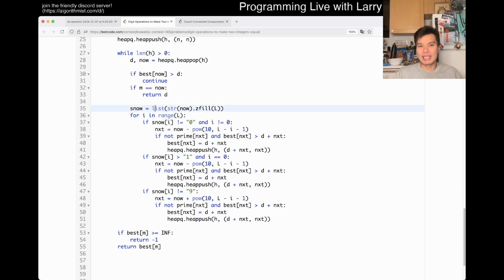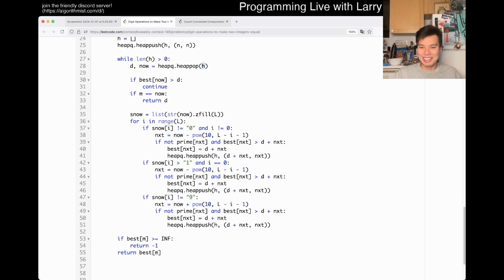Of course, there's also the heap operation, and remember we have at most O of R items in the heap. So it's going to be R log R times log R or something like this. And that's it. It's very confusing, but that's okay. We got it. That's all I have for this one.